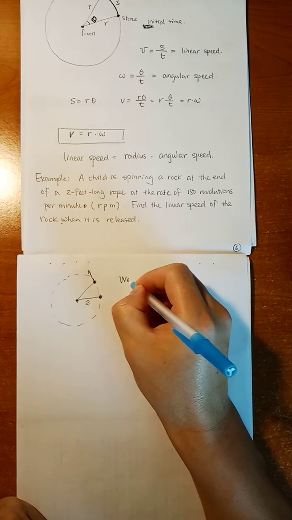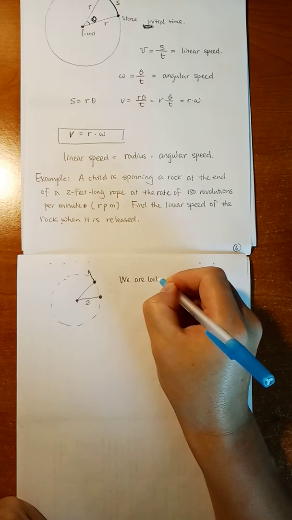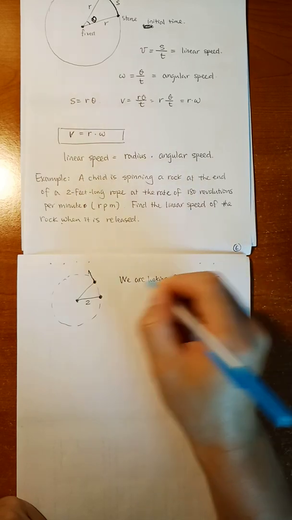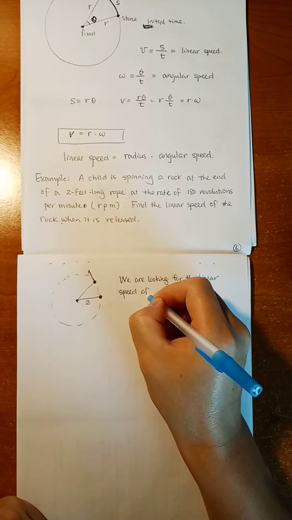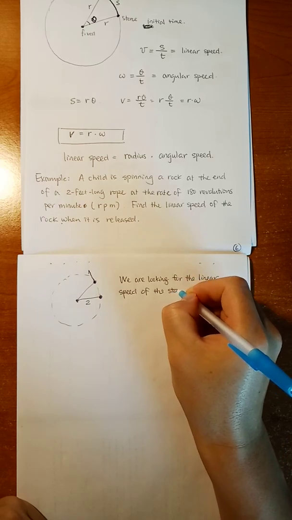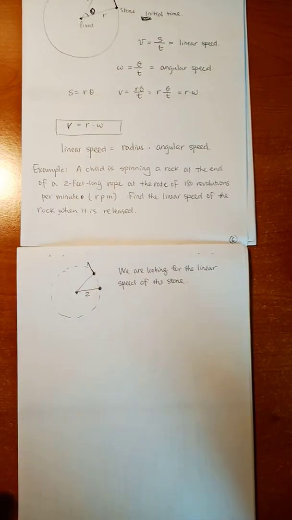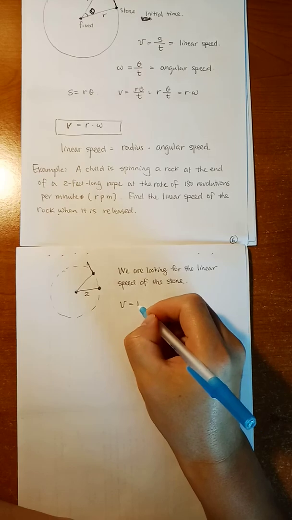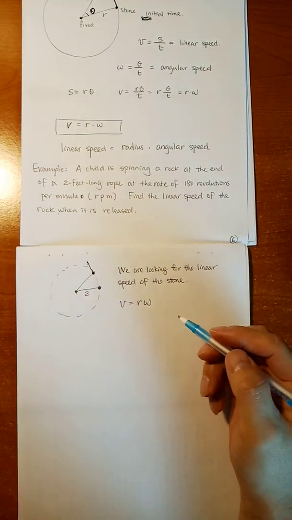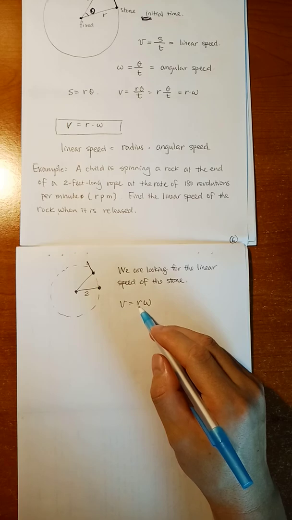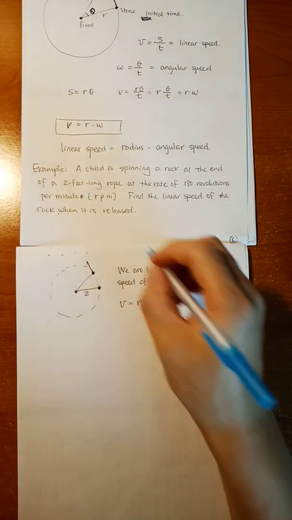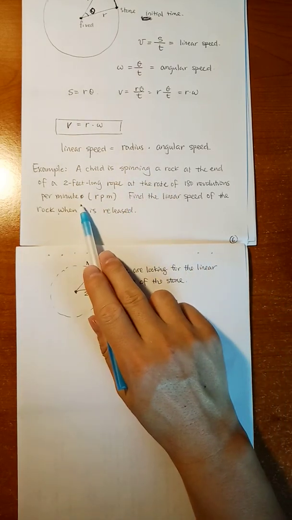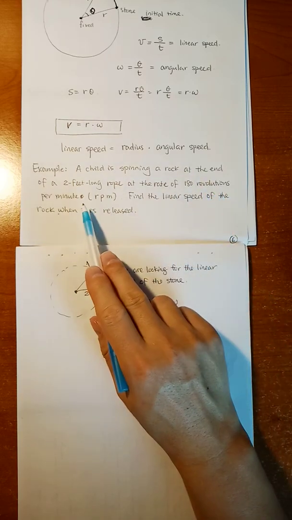So we are looking for the linear speed of the rock. The linear speed is related to the angular speed. It is r omega. r is 2 feet, so r is 2. Omega, what is omega? You see here, 180 revolutions per minute.